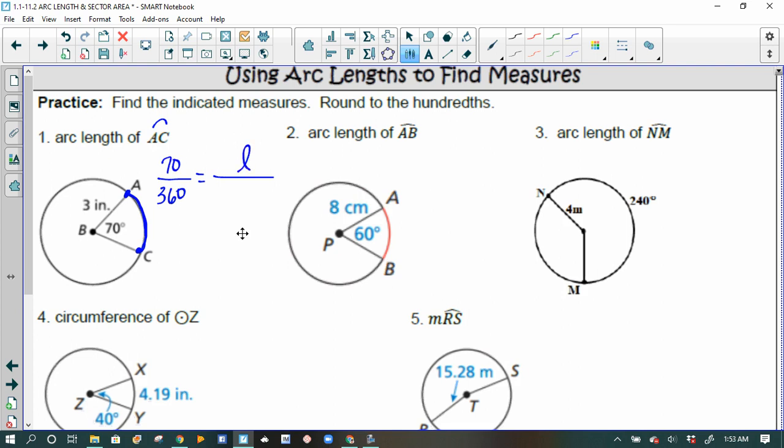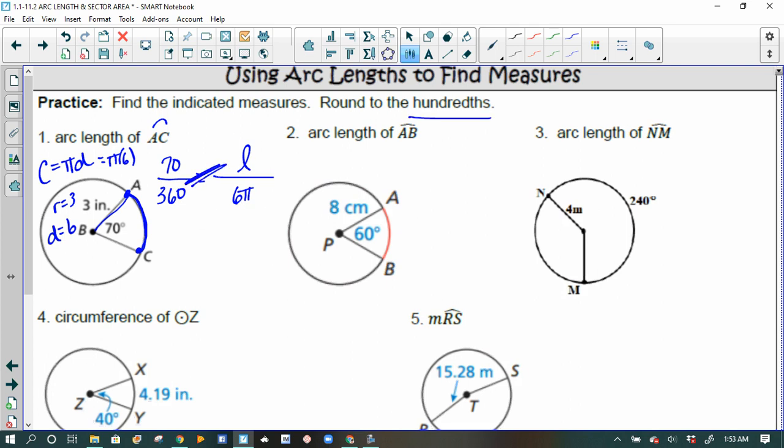I'm looking for the length, and the circumference is pi d. Well, if my radius is 3, then my diameter is 6. So this is going to be pi times 6, or 6 pi. And just leave it as 6 pi, and you can give me your decimal in the end.